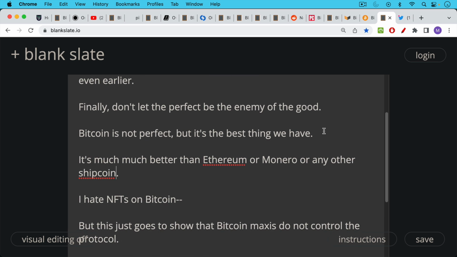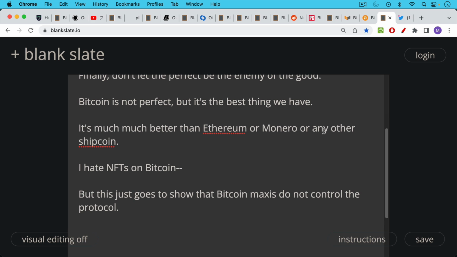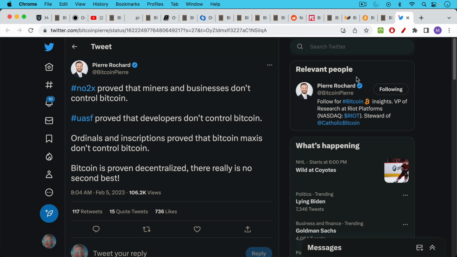I hate NFTs on Bitcoin as much as anyone else, but I think there's an interesting take on this, which just goes to show that Bitcoin maxis do not control the protocol. Here's a tweet from Pierre Rochard from today saying that the New York agreement proved that miners and businesses and large corporations don't control Bitcoin. They tried to push through larger blocks and they failed in the block size wars.